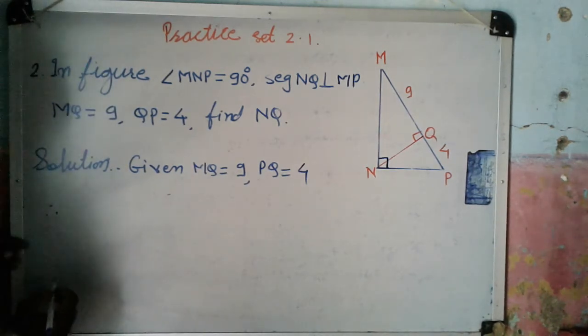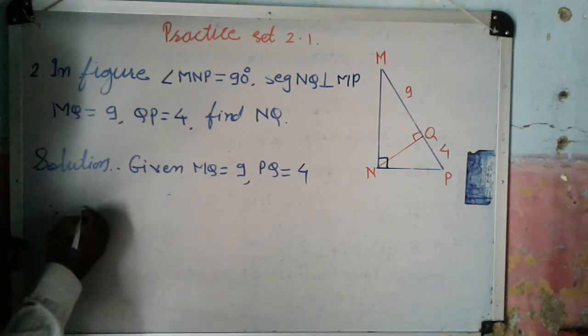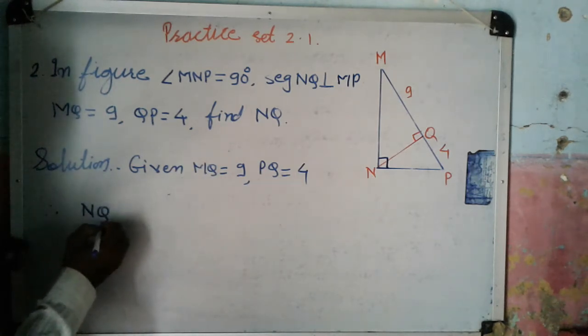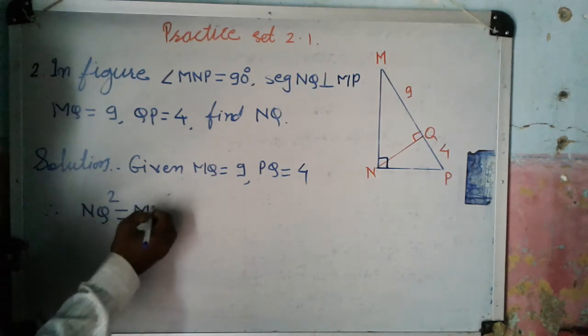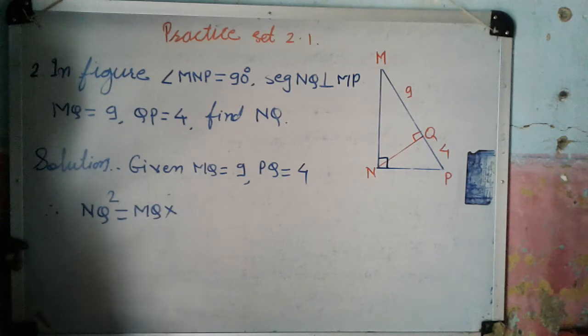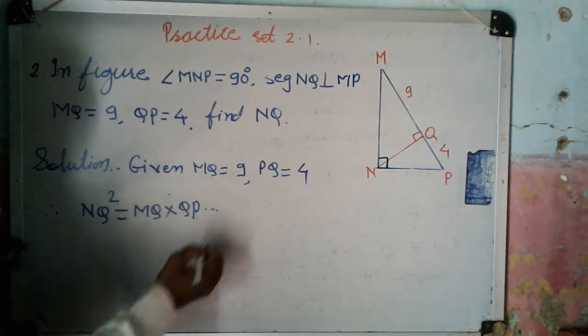Therefore here, according to the theorem of geometric mean, NQ square is equal to MQ multiplied by QP.